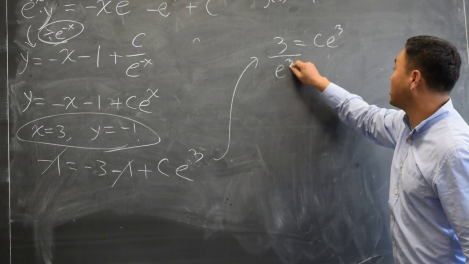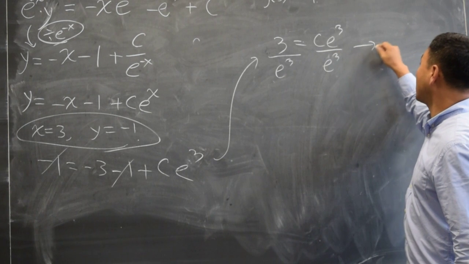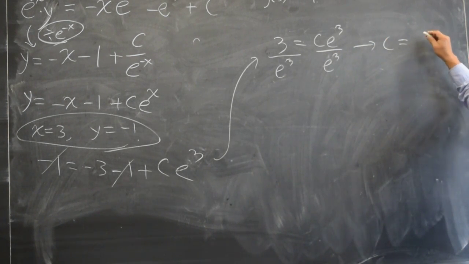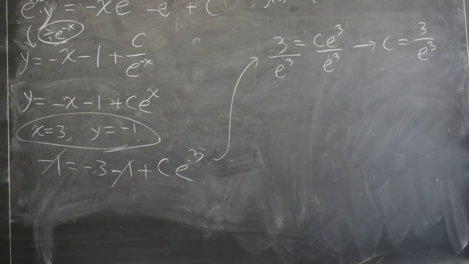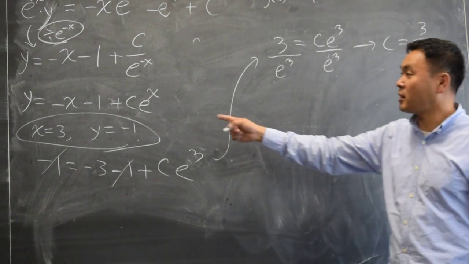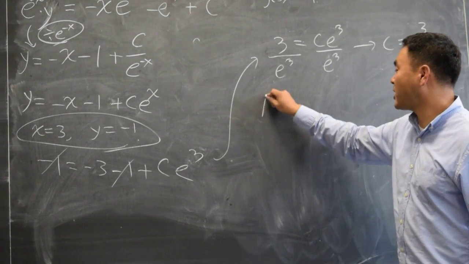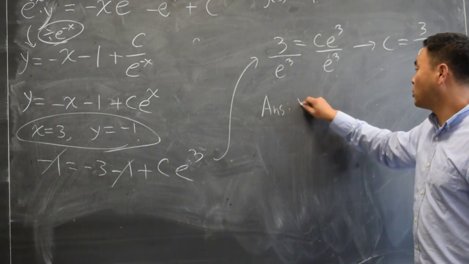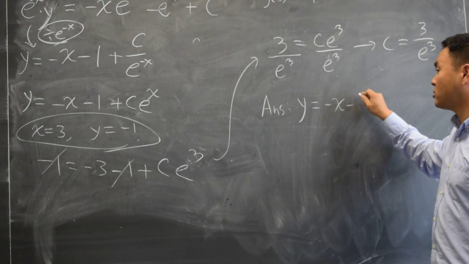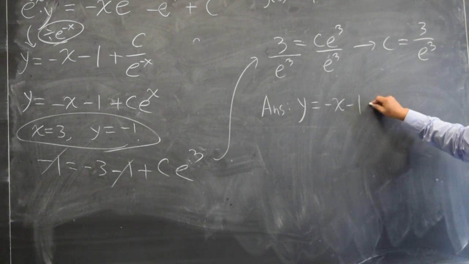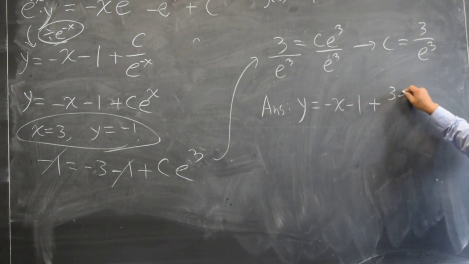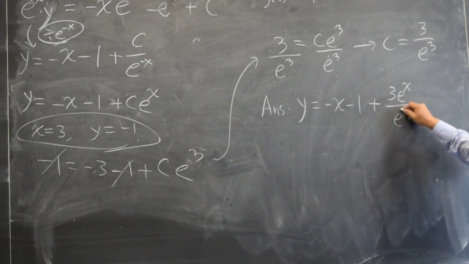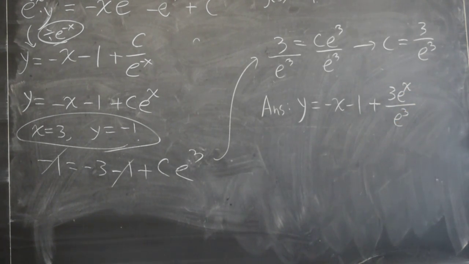Dividing by e to the 3, I get c equals 3 over e to the 3. And then I put that back in here, and my final answer is y equals negative x minus 1 plus 3 e to the x over e to the 3. That's my final answer.